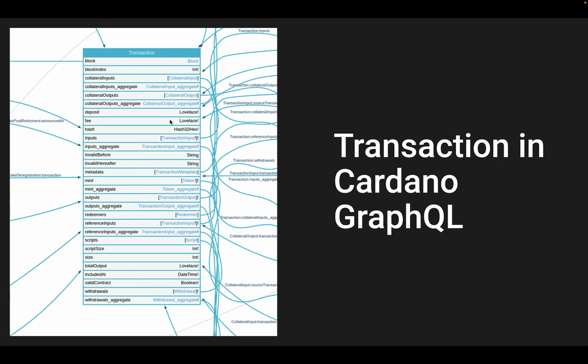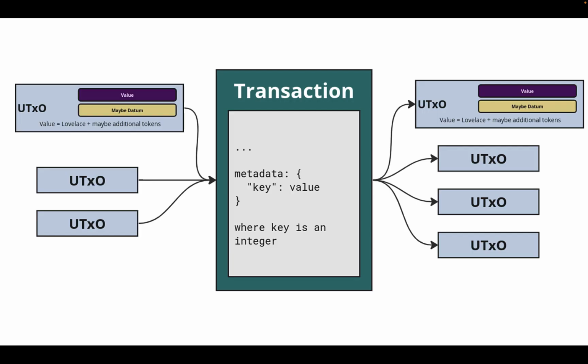Here's a screenshot from the Cardano GraphQL documentation, and you can see there's a whole bunch of different information we can query about a transaction. Look, for example, at its inputs and its outputs. That's pretty important. When you start to build applications and all sorts of different smart contract logic, this is the sort of information that can really come in handy. For this lesson, I just want to focus on the metadata part.